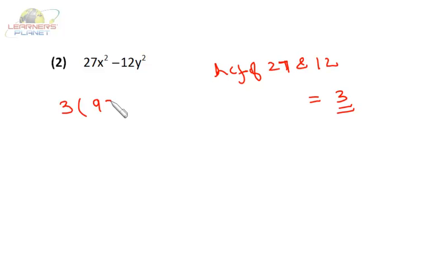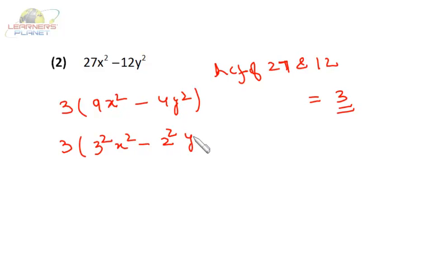Now we are left with 9x square, that is 27x square by 3. It's 9x square minus 12y square by 3 is 4y square. Now you can see it's 9 and 4, which are also perfect squares. So 9 can be written as 3 square x square minus 4 can be written as 2 square y square. Now the next step, very easy.